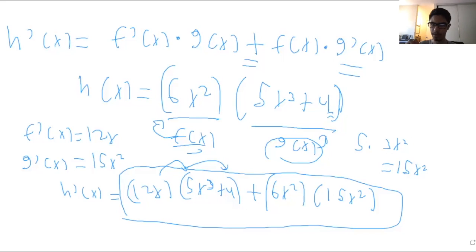And then when you have the problem in front of you, just break down the two functions that you have, take the derivative of both functions as I organize it here. And then after you have the derivative of both functions, all you need to do is just plug and chug in that formula, because you already have f of x, your original functions, and the derivatives of the functions, and that's it.